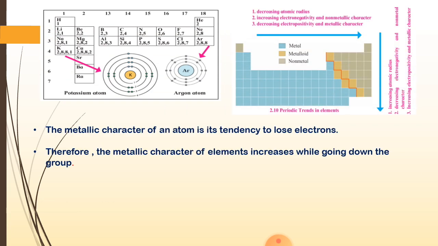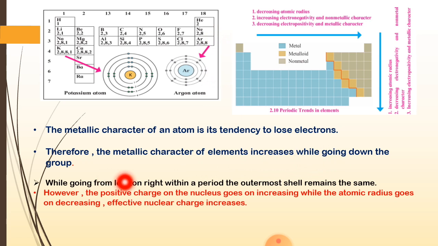The metallic character of an atom is its tendency to lose electrons. Therefore, the metallic character of elements increases while going down in a group. While going from left to right in a period, the outermost shell remains the same.